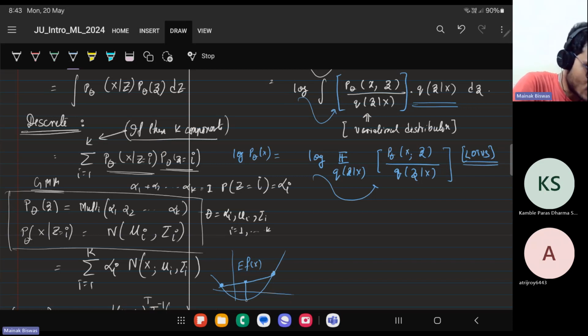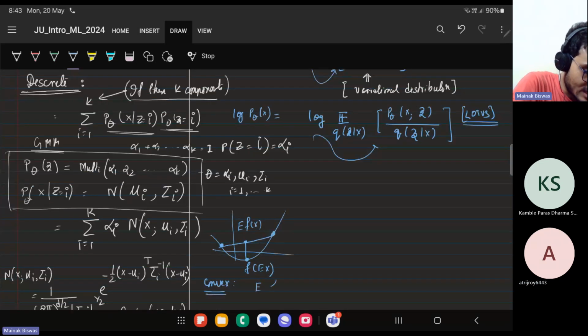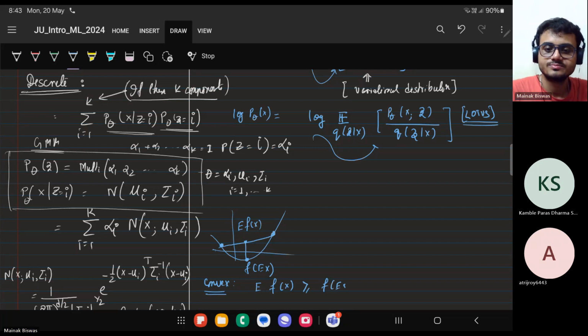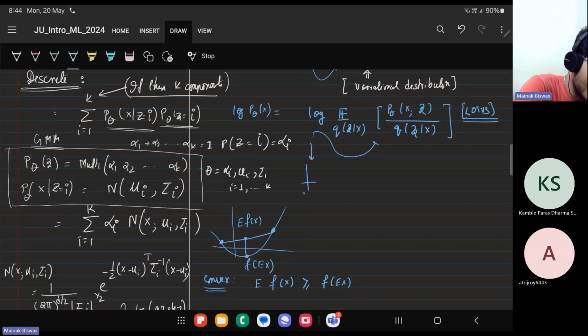So for convex functions, what happens? Clearly from the figure, expected value of f of x is always greater than or equal to f of expected value of x, correct? It's above the graph. But log is a concave function. So what will it be? This is log of expected value of x.